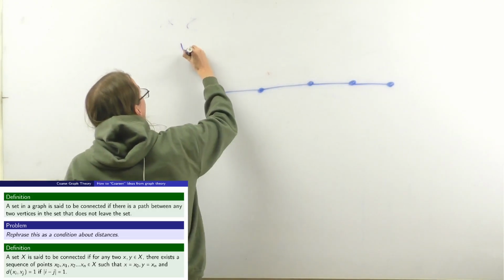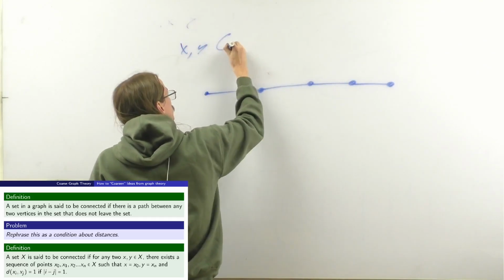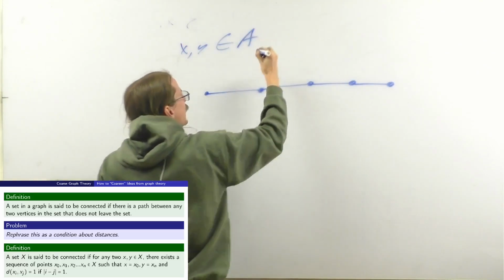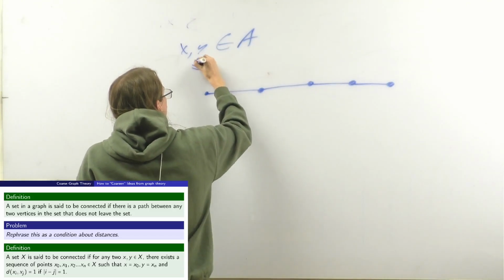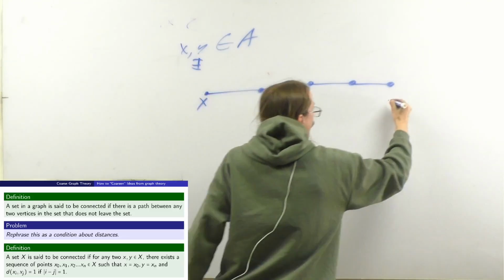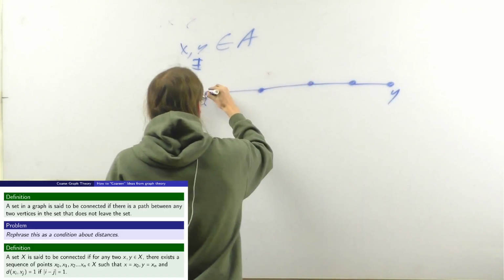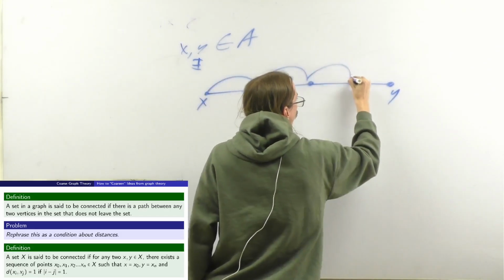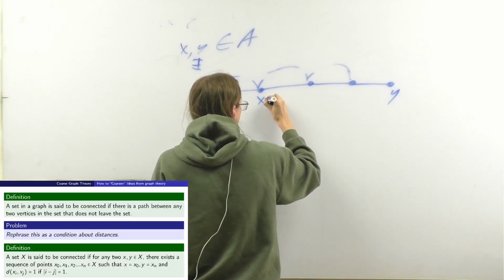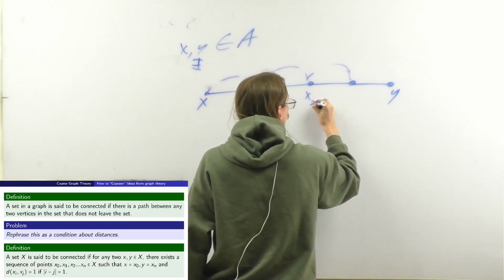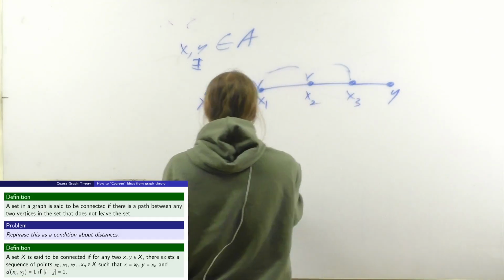I.e., if x and y are inside of, let's just call it some set A, then there exists this path with the first vertex being x and the last vertex being y. And I can hop along it. It has vertices. Let's call them x1, x2, and x3, and so forth.